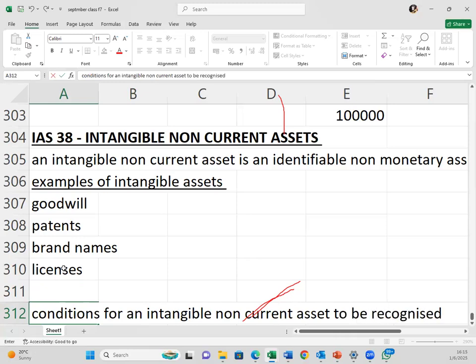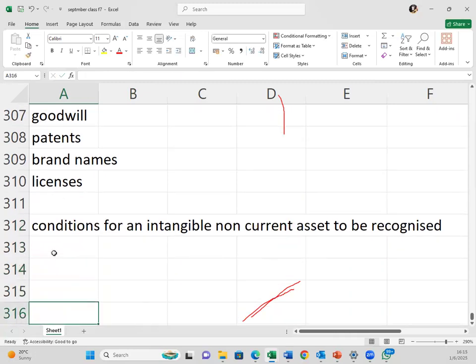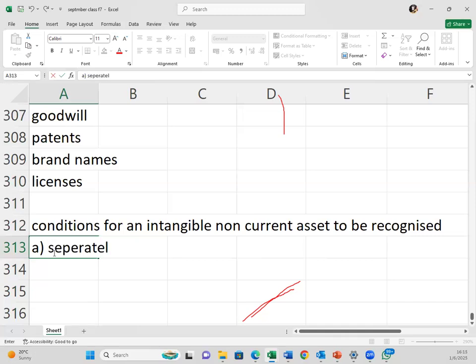What should we look at for us to say, let's recognize this intangible non-current asset? The first condition is that it must be separately identifiable. Can we sell it without selling the business? Is it something that is capable of being sold without selling the business itself?